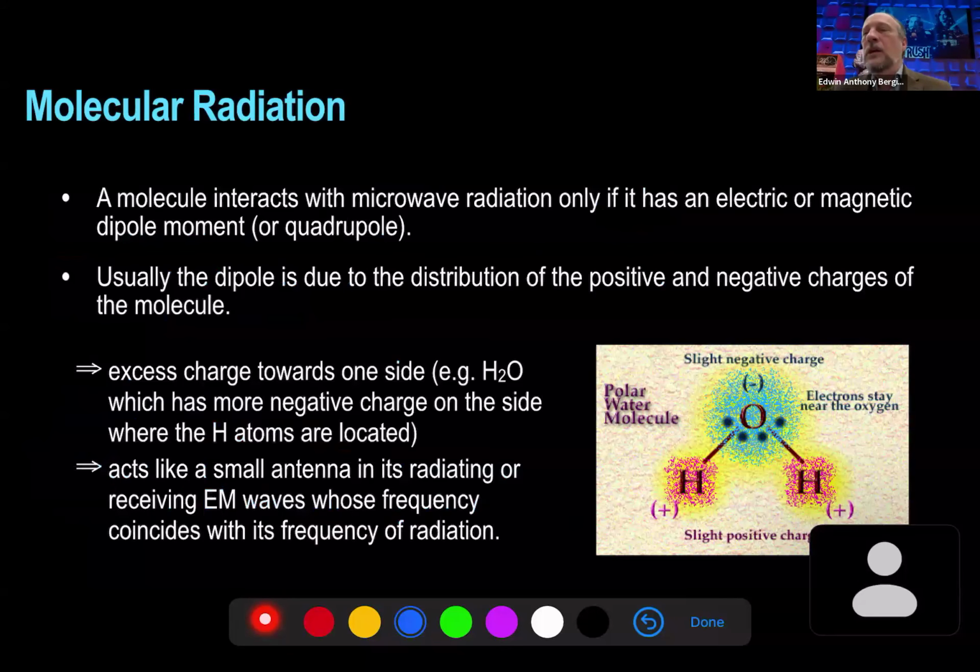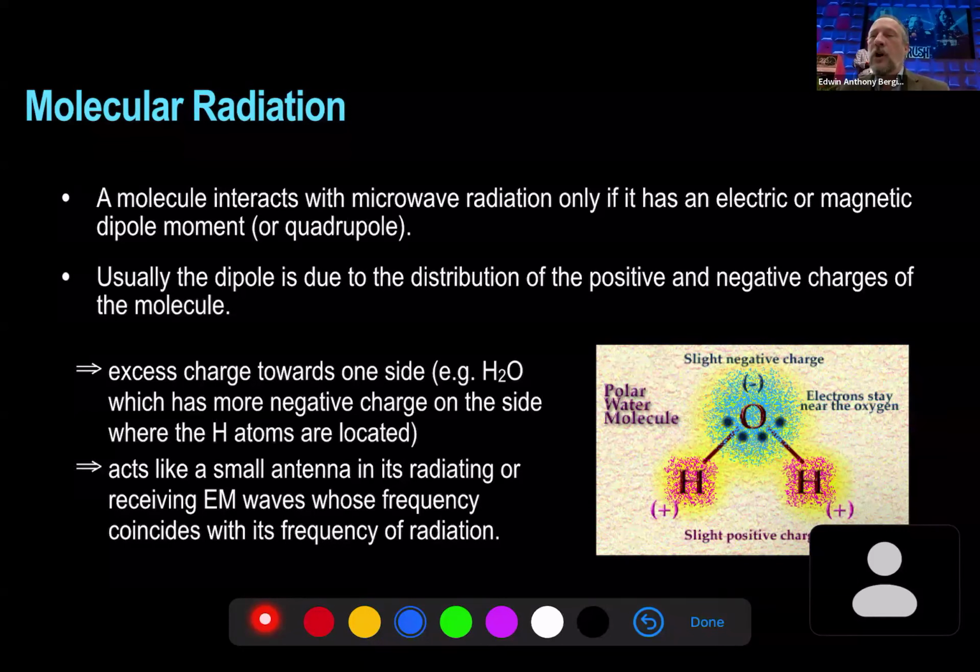Okay, so a molecule will only interact with radiation if it has an electric or magnetic dipole moment or potentially a quadrupole. And usually what this means is that you have some asymmetry in the distribution of charges. That is, the electrons are distributed differently.